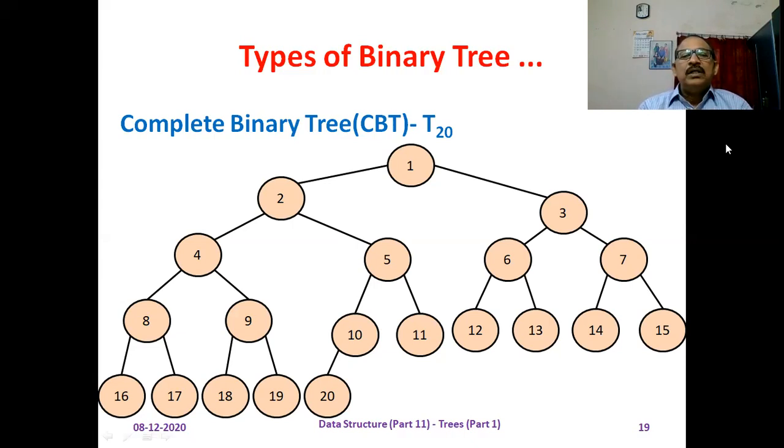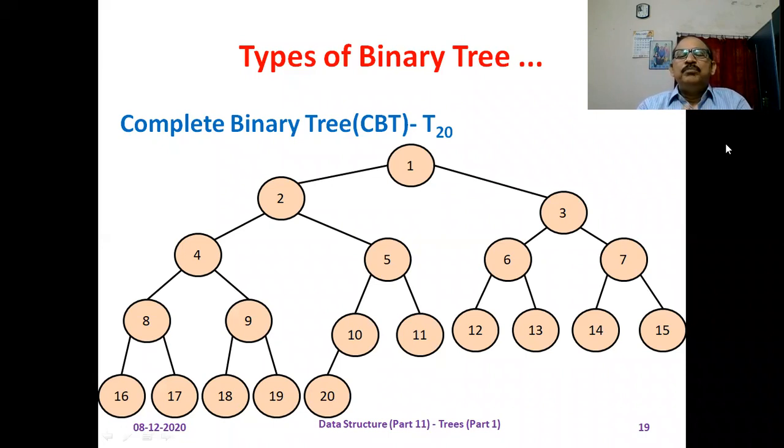Okay. So this is a complete binary tree because, first, each level has the maximum number of nodes, and at the last level you can see the nodes are left justified, as far left as possible.